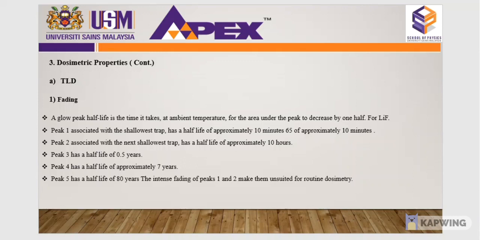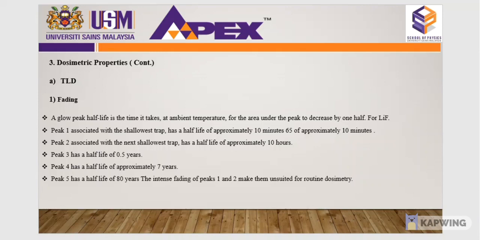Peak 1, associated with the shallowest trap, has a half-life of approximately 10 minutes to disappear. Peak 2, associated with the next shallowest trap, has a half-life of approximately 10 hours. Peak 3 has a half-life of half a year.